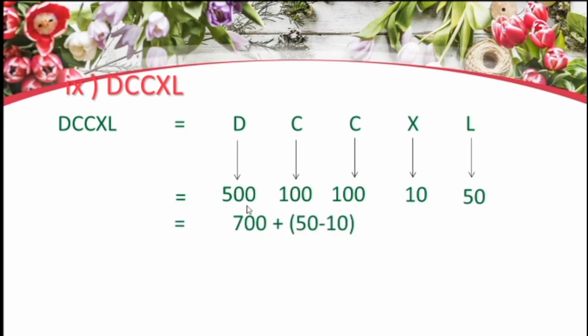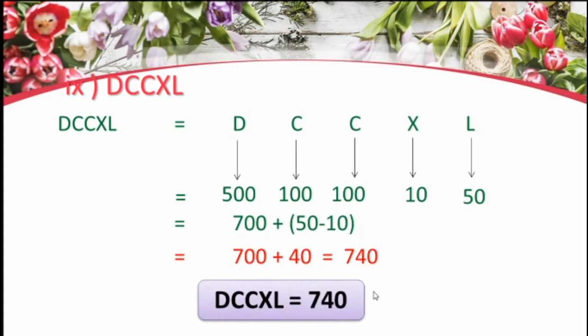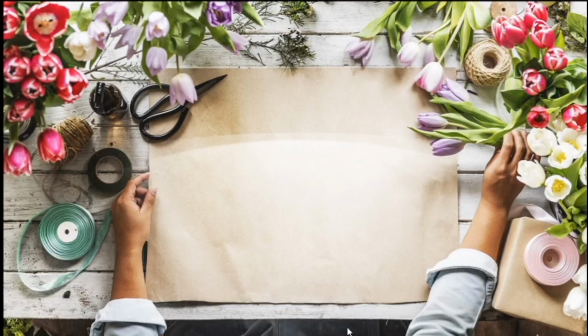Therefore 500 plus 100 plus 100 equal to 700, 50 minus 10 equal to 40. Therefore 700 plus 40 equal to 740. Therefore DCCXL equal to 740. Thank you, children.